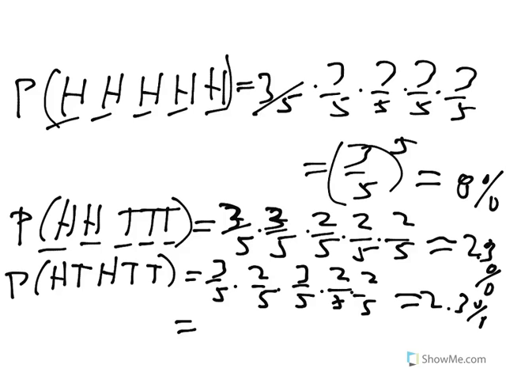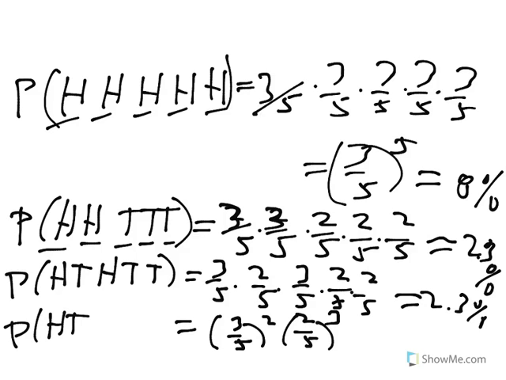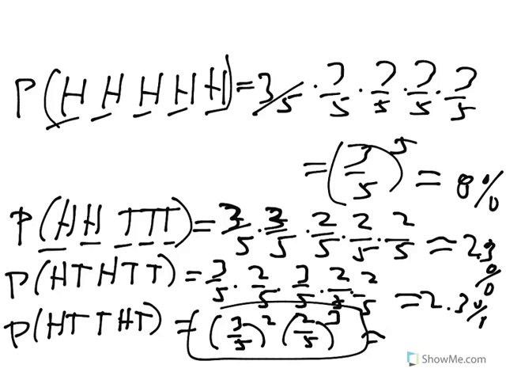I'm going to write both of these as 3/5 squared times 2/5 to the 3rd. Now there are other ways to get 2 heads and 3 tails, and they're all going to be this thing that's about 2.3%. So the probability of getting 2 heads and 3 tails is going to be 2.3% times the number of ways to get 2 heads and 3 tails.